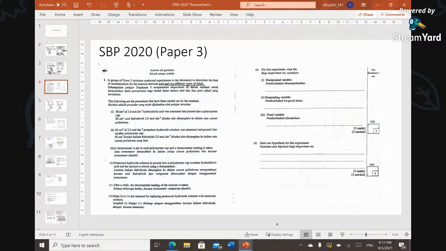So they give you the procedure. They put hydrochloric acid into the polystyrene cup, and after that they put in potassium hydroxide. So strong acid with strong base. A thermometer is put in each polystyrene cup and a thermometer reading is taken.